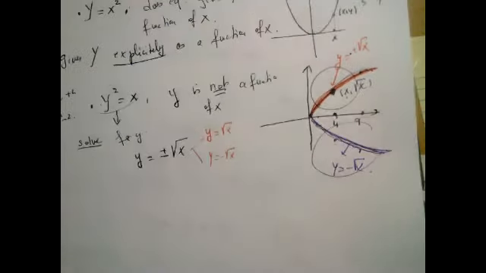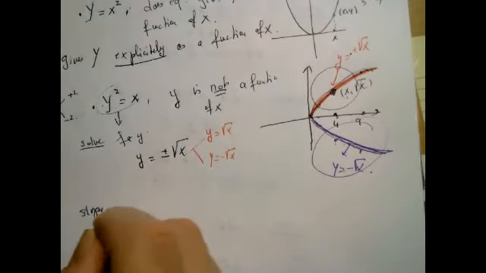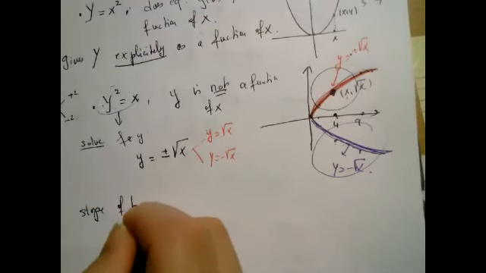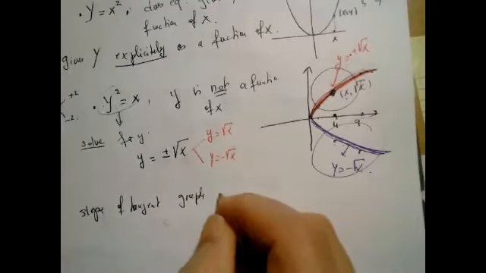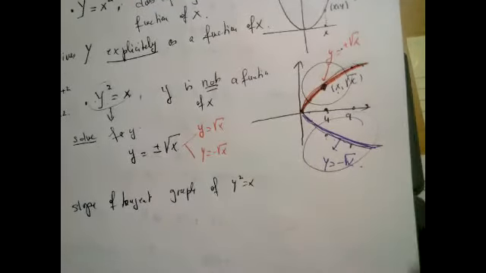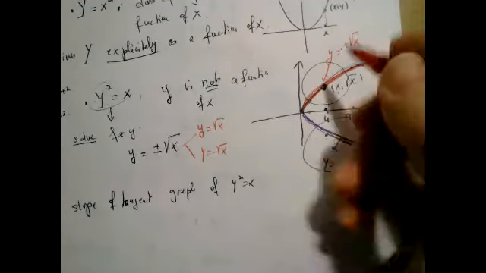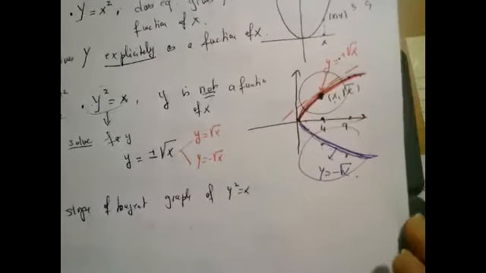So suppose now I'm asking you the following question: find the slope of the tangent to the graph of y squared equals x. Suppose I want the slope of this line.